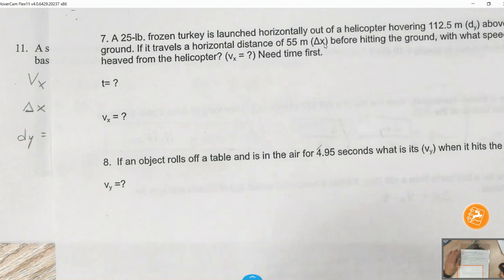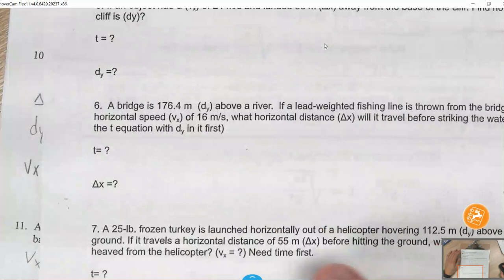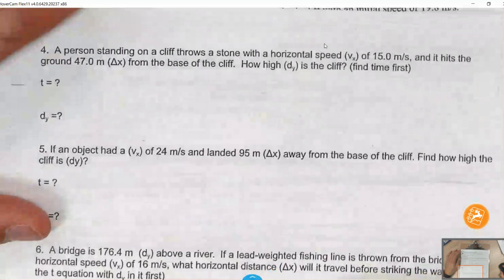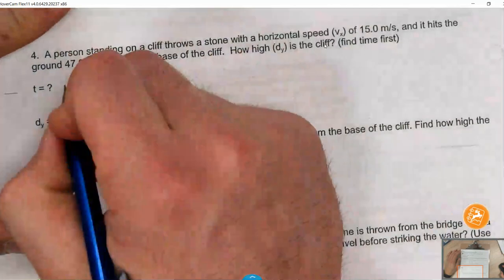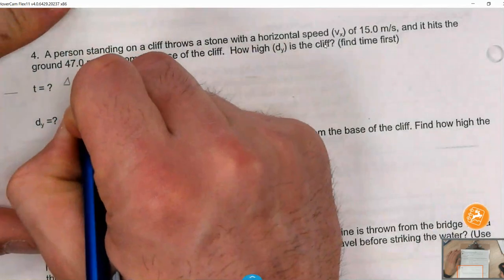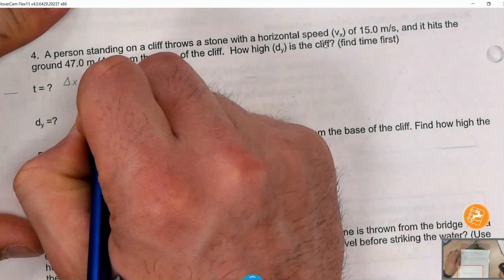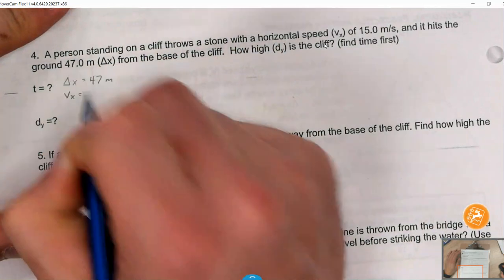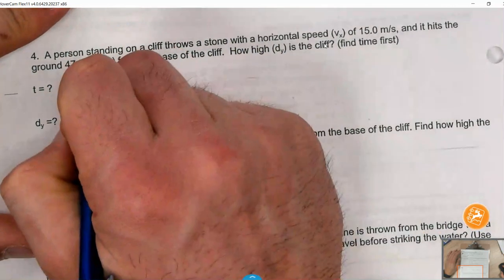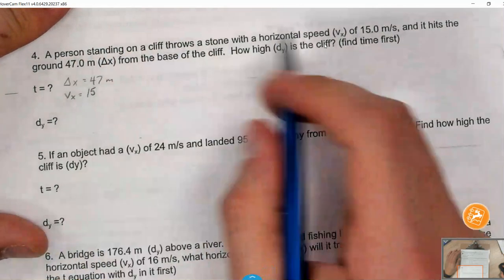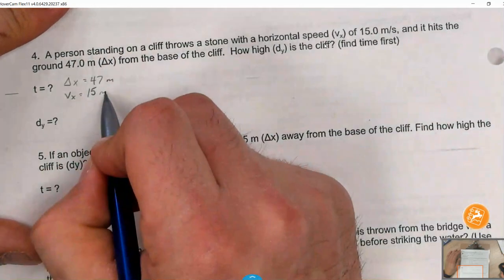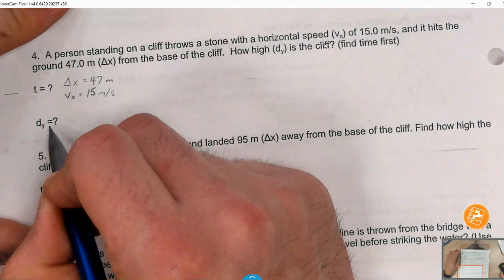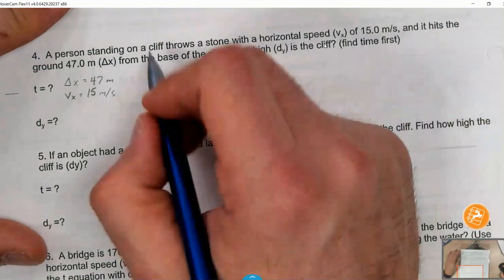So for number 4, you're given delta x of 47 and a vx of 15. They want dy. So in order to solve for dy, you need time first.